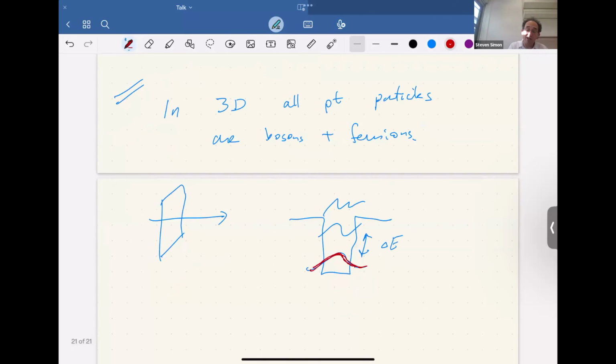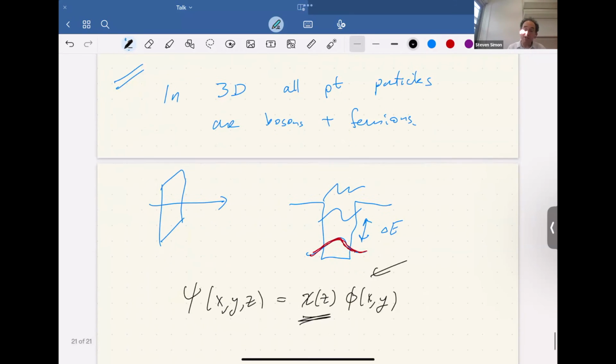So the wave function of x, y, z is strictly some chi of z times some wave function of x and y. And chi of z is completely frozen, and all the freedom is in x and y. So it becomes a strictly 2-dimensional problem.